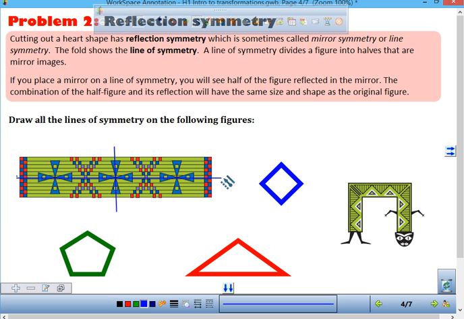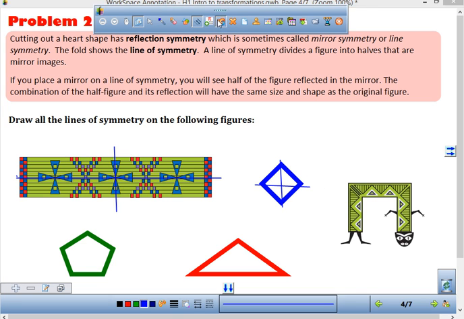Okay, let's look at the second one. It's a square that's turned off to its side. Does anybody see one line? Yeah. Where, Brooklyn? Up and down vertically. Any others? Evan? Horizontally. Any others?